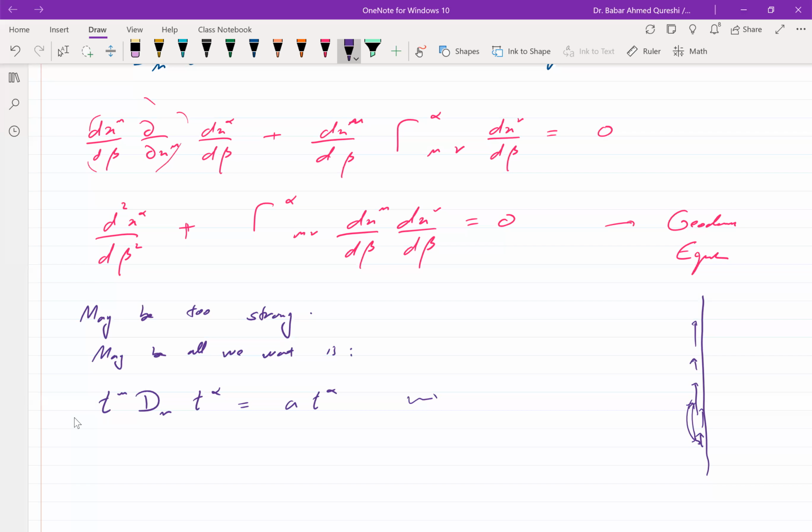So this is a slightly more generalized geodesic equation.